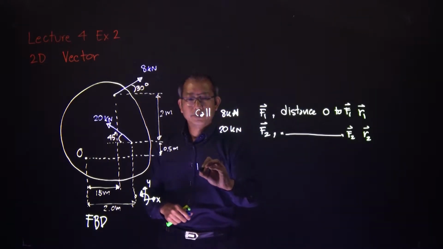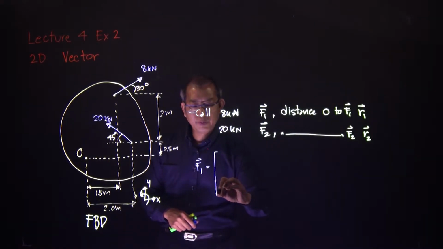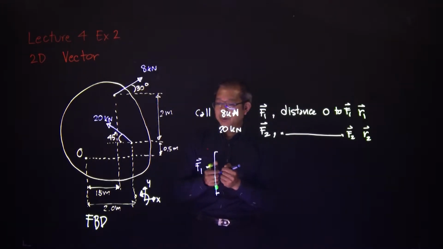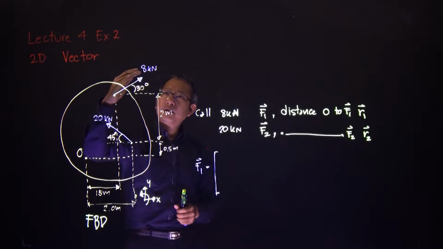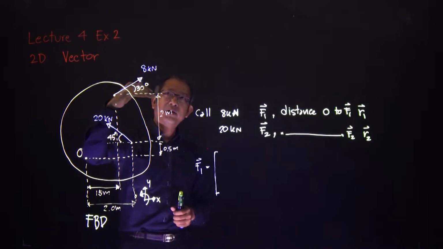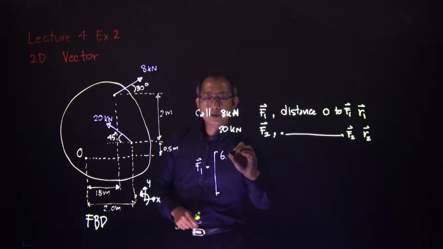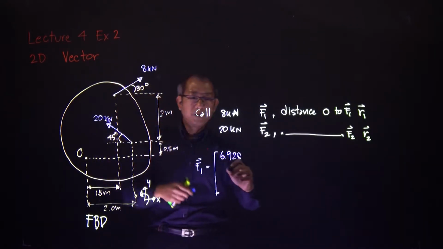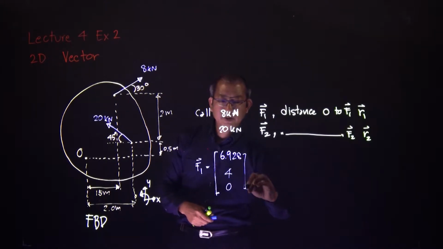Then F1, because it's 2D, it will have two components, but we will use the third component just in case. Then F1 is equal to, the first component is 8 cosine 30 degrees. If you use the calculator, 8 cosine 30 degrees is 6.928, and then the y direction is 8 sine 30 degrees, which is 4, and then nothing in the z, 0 kilonewton.